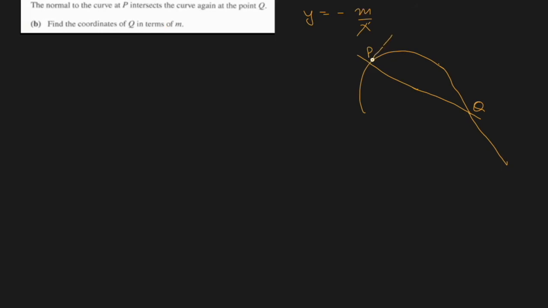Alright, so we know that this is the tangent whose equation is y equal to mx plus c, and the coordinates of this came out to be negative 1, m. Okay, so the gradient of tangent was m. So the gradient of normal will be negative reciprocal of this, which is negative 1 over m. To find the coordinates of q, we should know the equation of the normal.